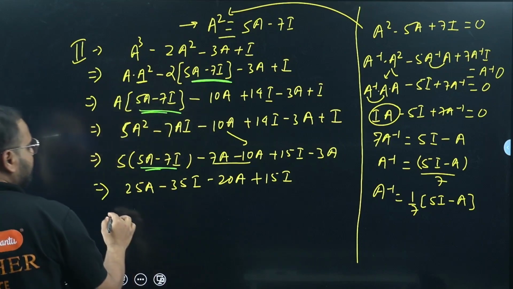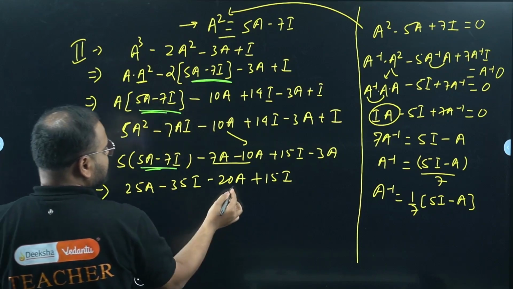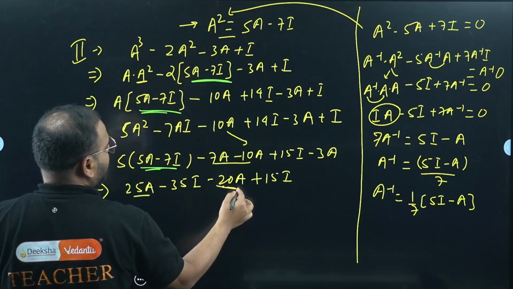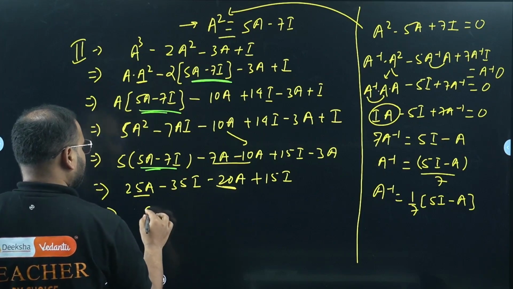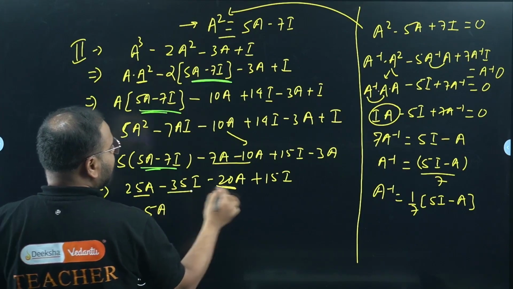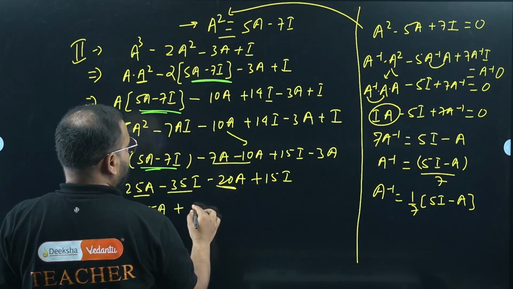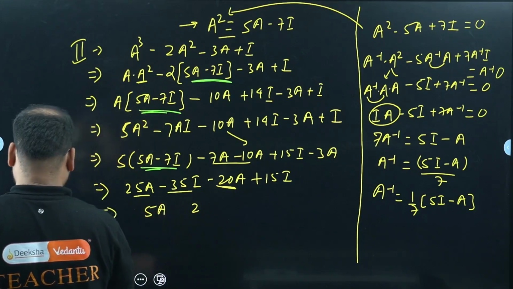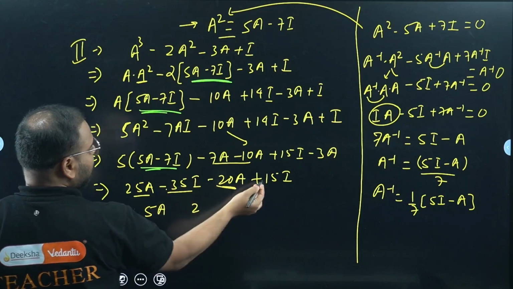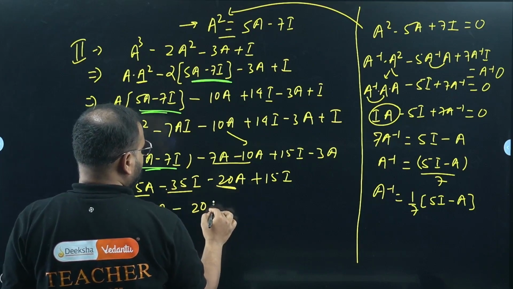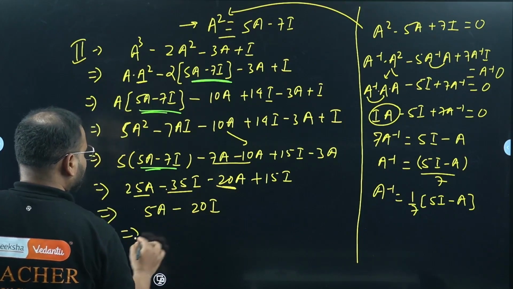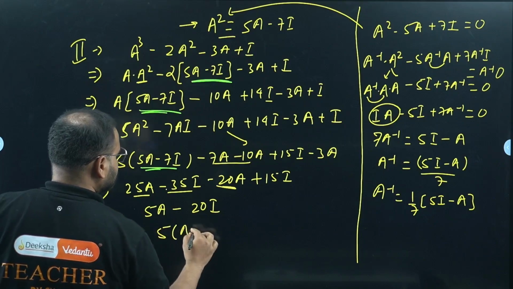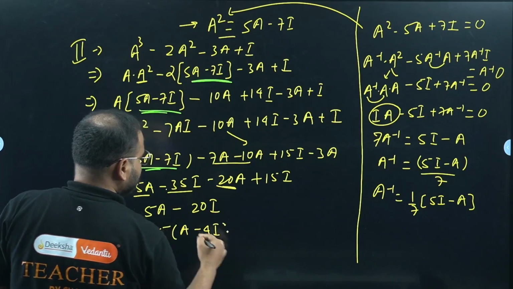Let's see something we can simplify. 25A minus 20A, how much is that? Just 5A. Minus 35I plus 15I, how much is that? Negative. Minus 35 plus 15, minus 20I. Something is common, 5 is common. A minus 4I. A minus 4I. Check here.